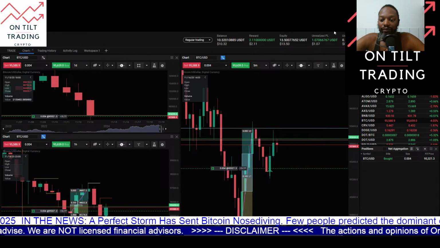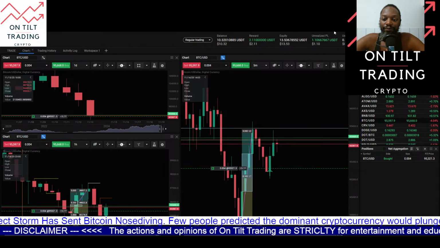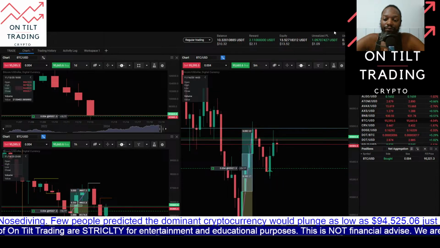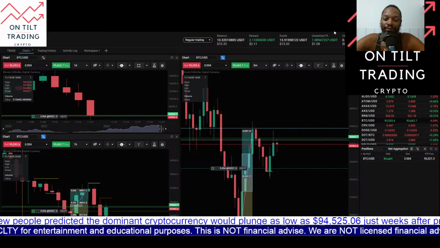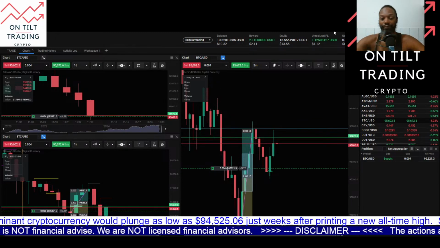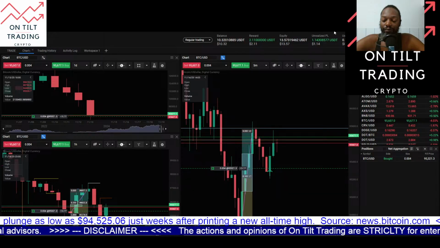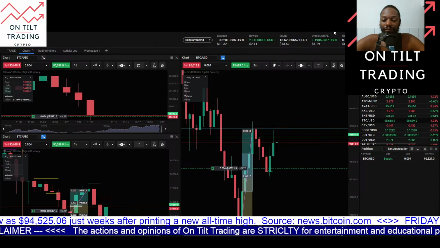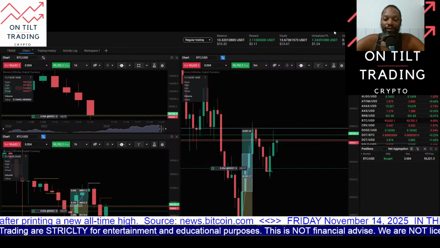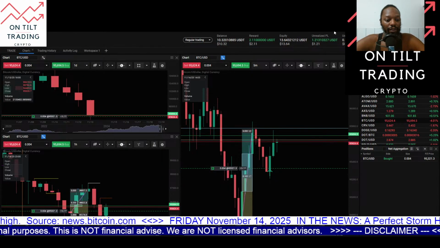Price action redelivering to the buy side, 95,580, 95,600, 95,620. Price back to retest the 60-minute order block.